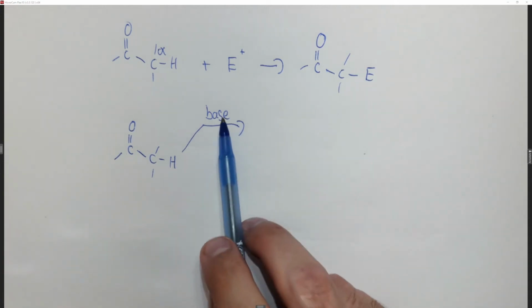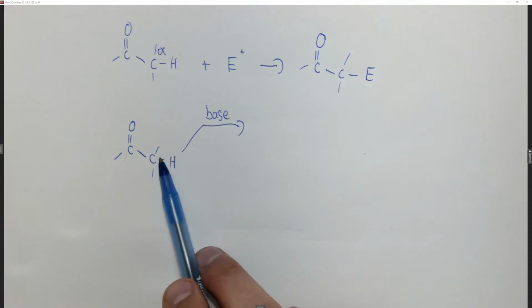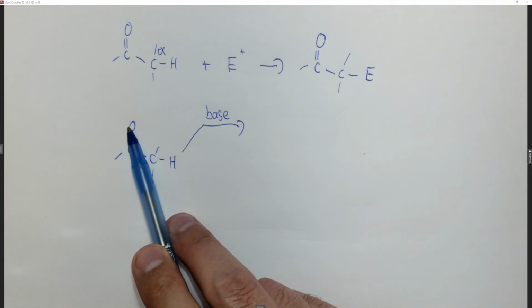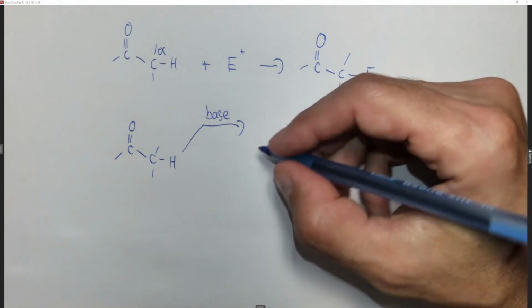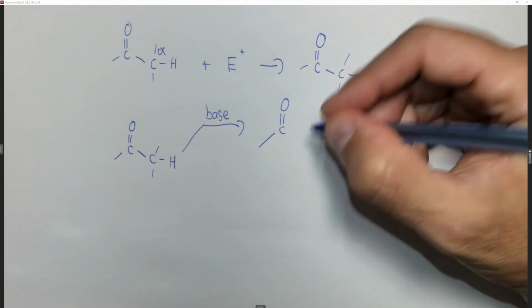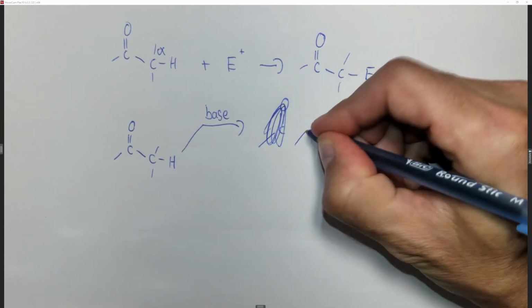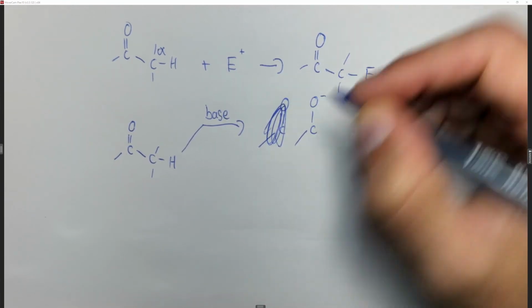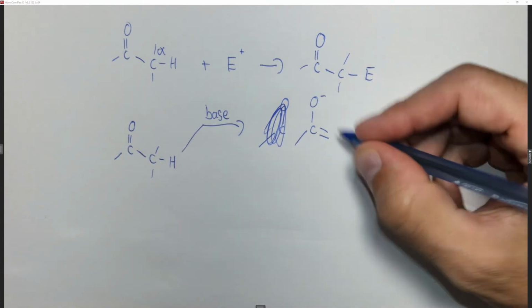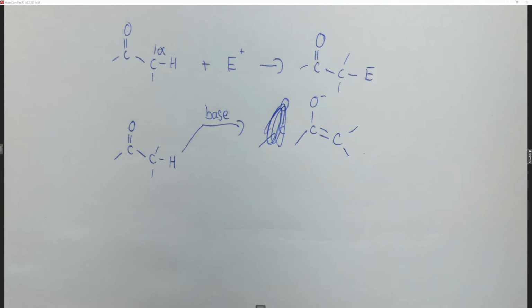If the base is strong enough and it goes after this proton, this shifts here and this shifts up here. And what we end up with is C bond O with a minus charge. This shifts here, this shifts up here. Double bonded to C, now bonded to two things.